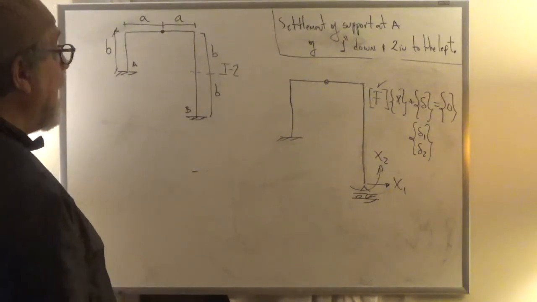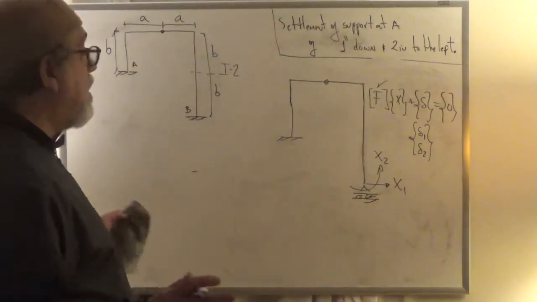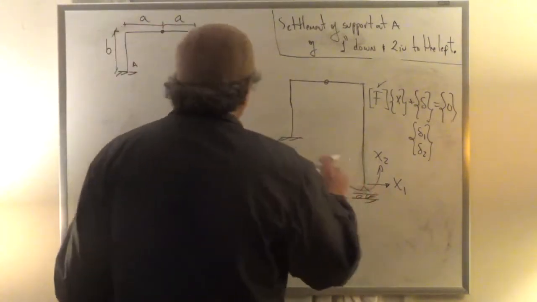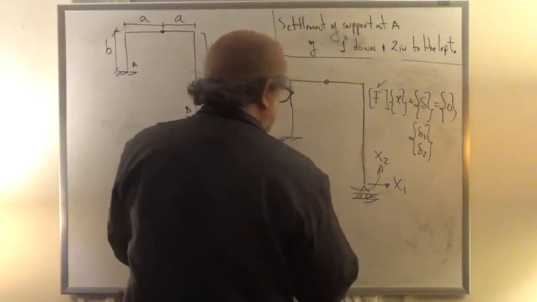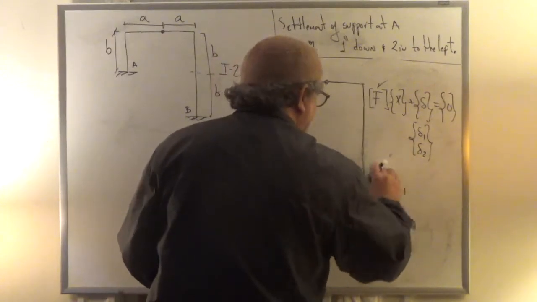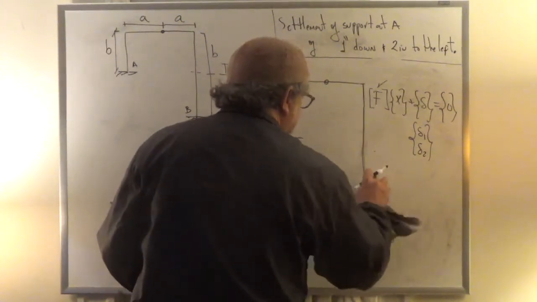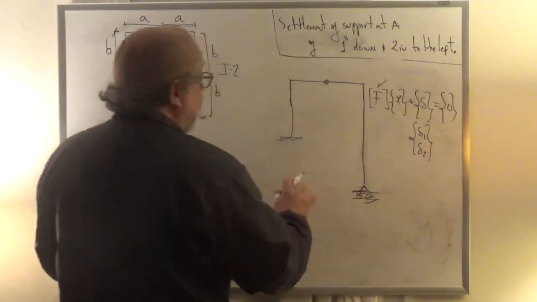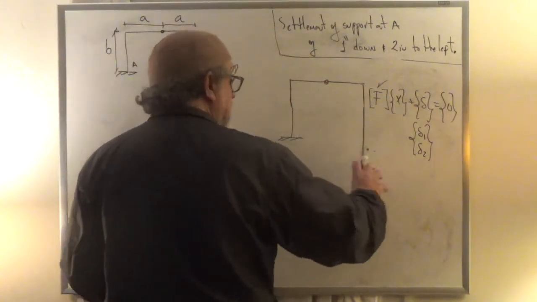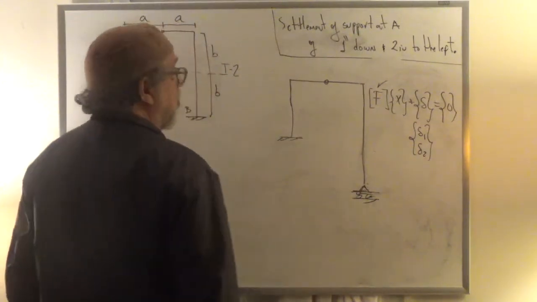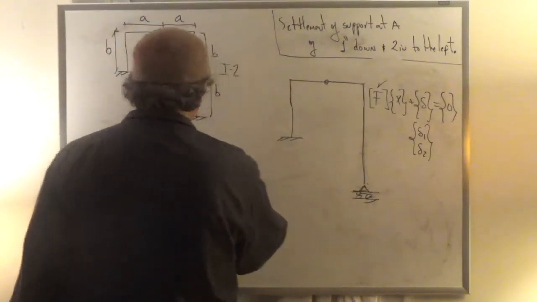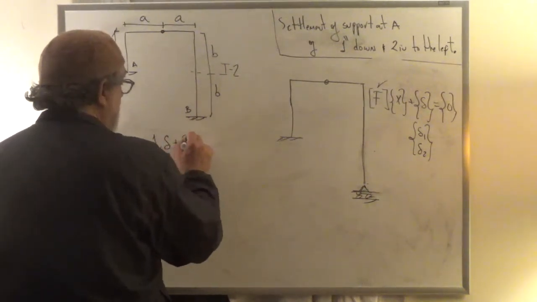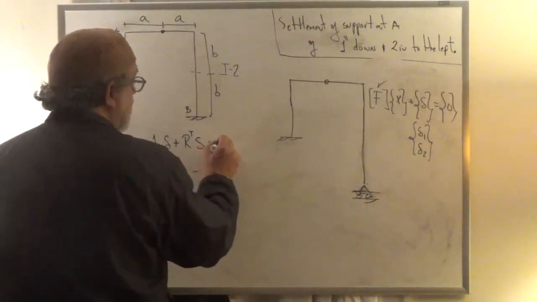For that, at this point, we have to forget about the problem of statical indeterminacy and all of that stuff. We just need to calculate what is the movement. So it's like this, right? What is the movement at this point in the horizontal and in the rotations due to something here? So we are looking at the situation where we say 1 times delta plus R transpose S is equal to 0.